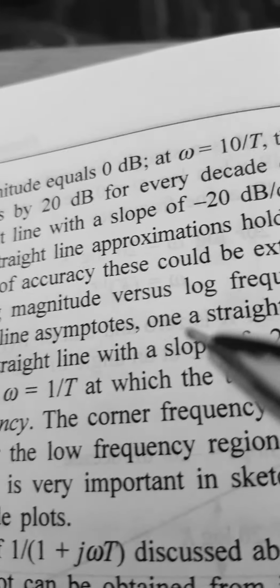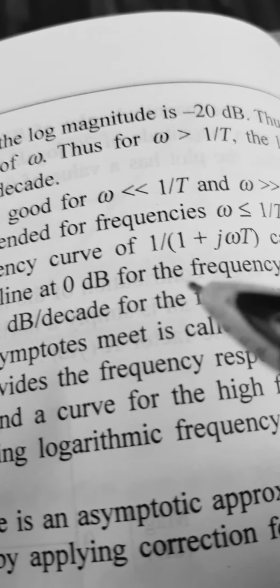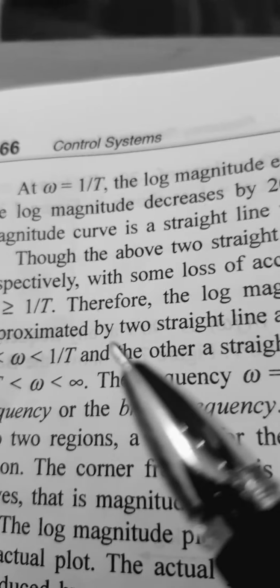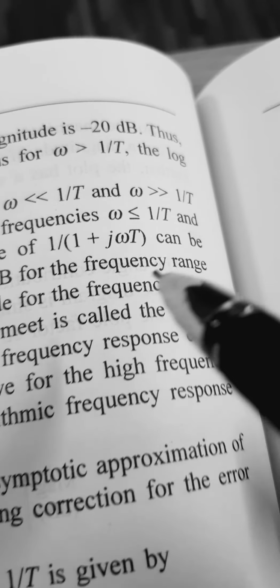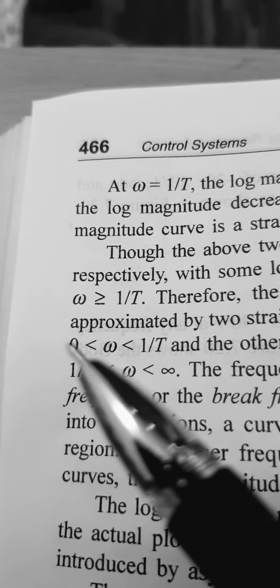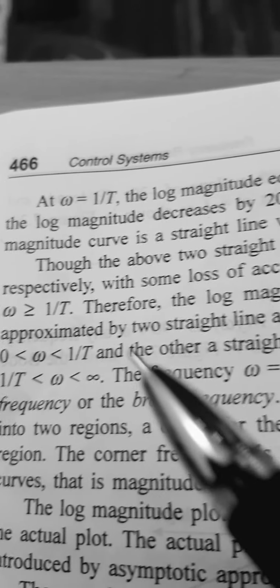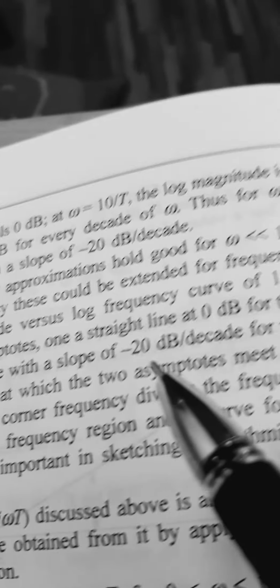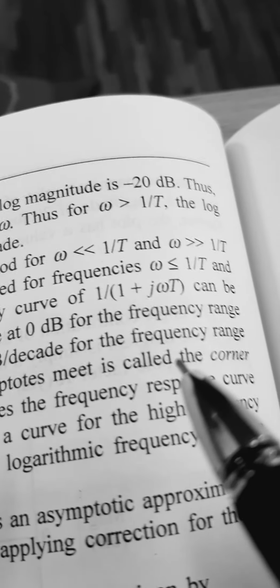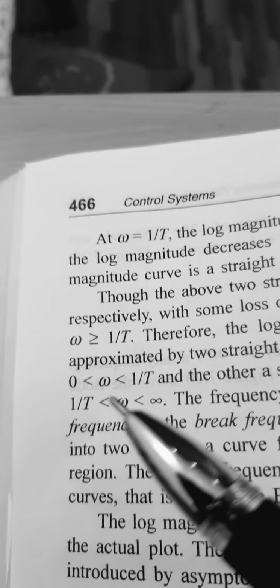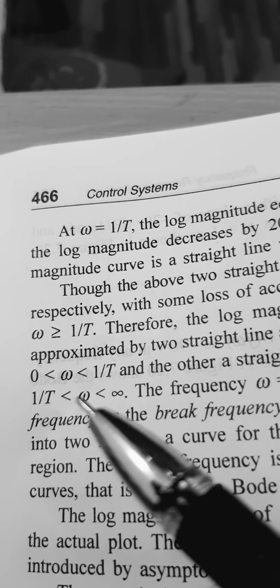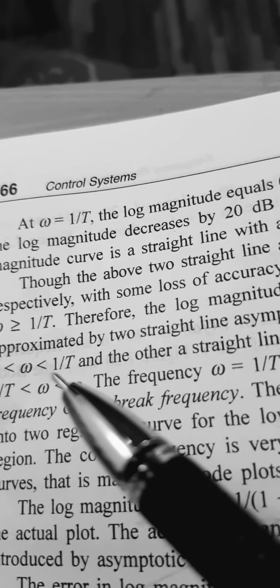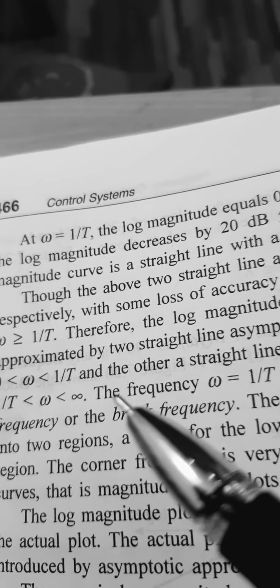Therefore, the log magnitude versus log frequency curve of 1 divided by 1 plus j omega T can be approximated by two straight line asymptotes: one a straight line at 0 dB for the frequency range omega between 0 and 1 by T, and the other a straight line with a slope of minus 20 dB per decade for the frequency range omega greater than 1 by T and less than infinity.